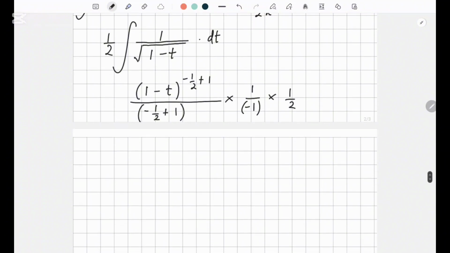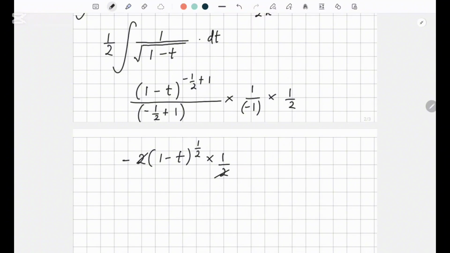Ignore the c for now because we have so much more to do, so you don't have to add the c for now because we are only finding the integration of sine inverse. Okay, so now you can see this is going to be minus, this becomes half, so it becomes 2 into 1 minus t to the power half into half, right?